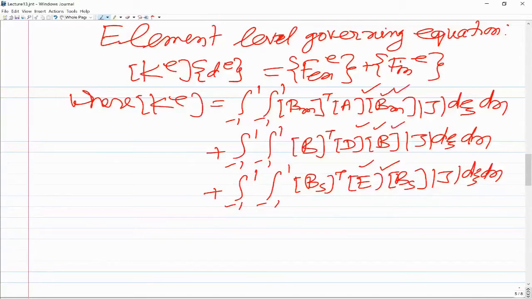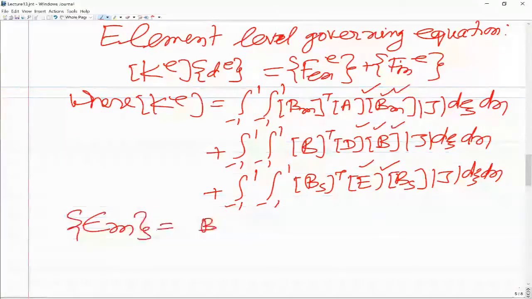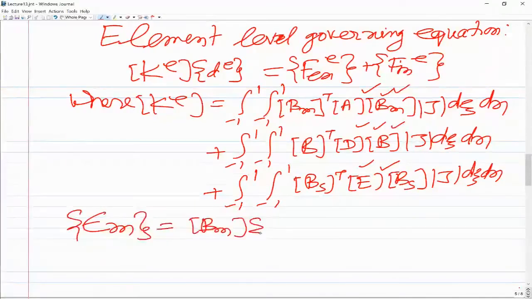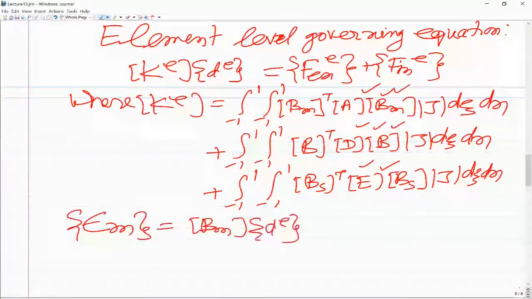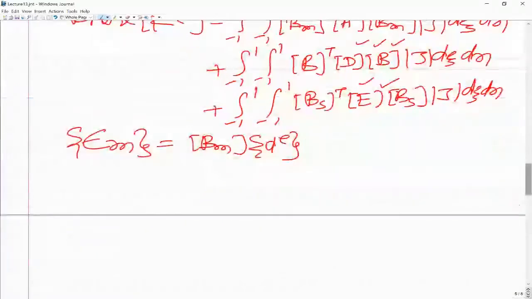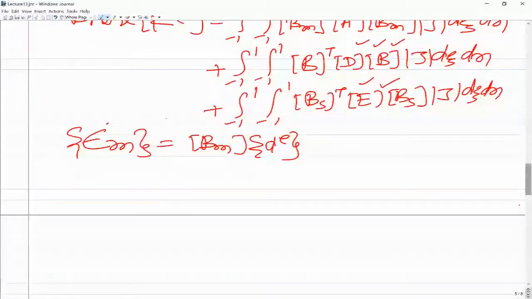You will find that epsilon m is written as Bm into De. The De vector is going to be 20 by 1. At each node there are 5 degrees of freedom and 4 nodes, so it would be 20 by 1. The matrix relating epsilon m and d is your Bm, and this you already know.